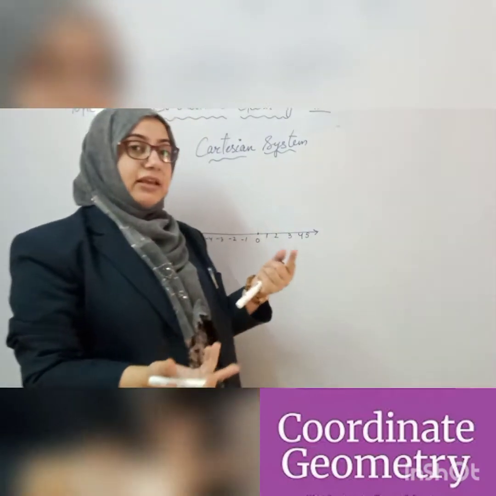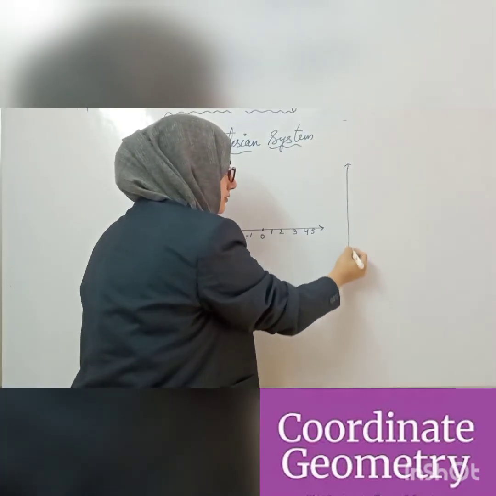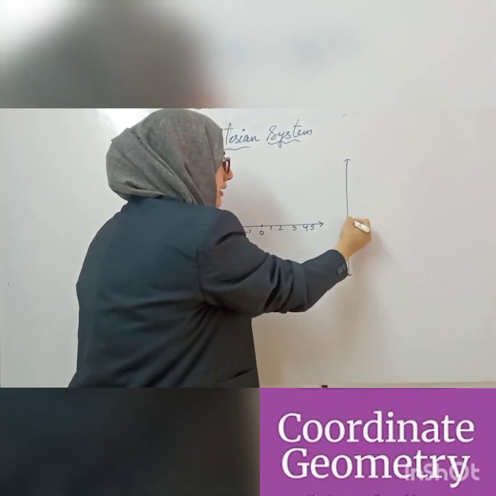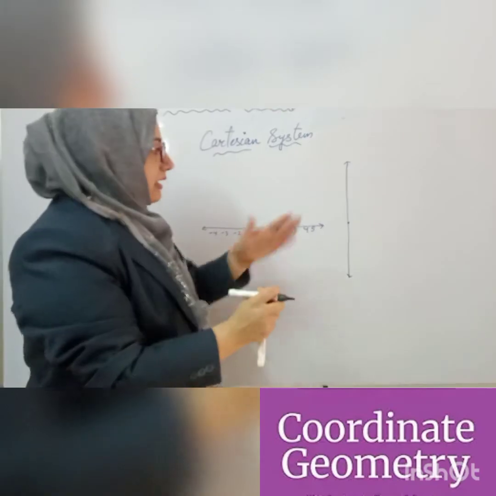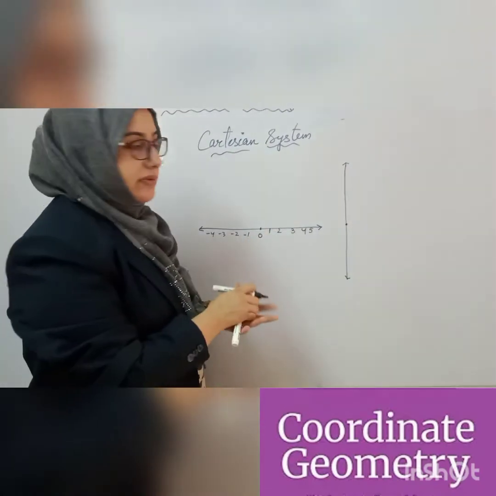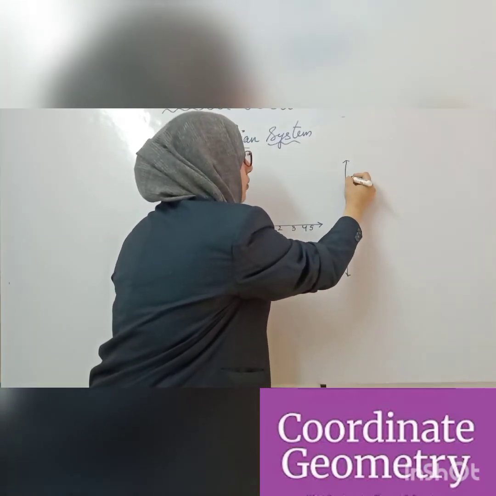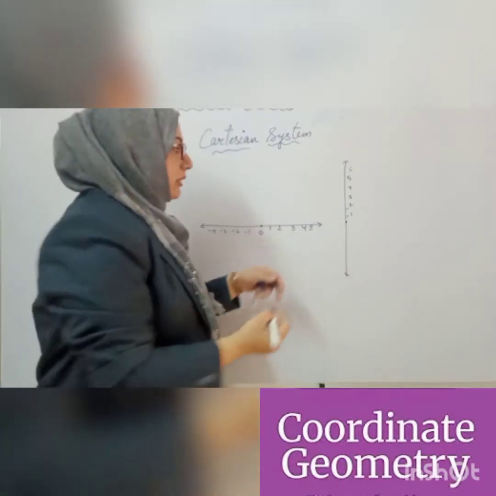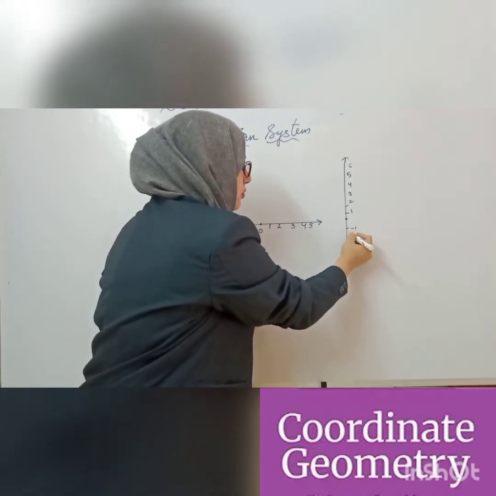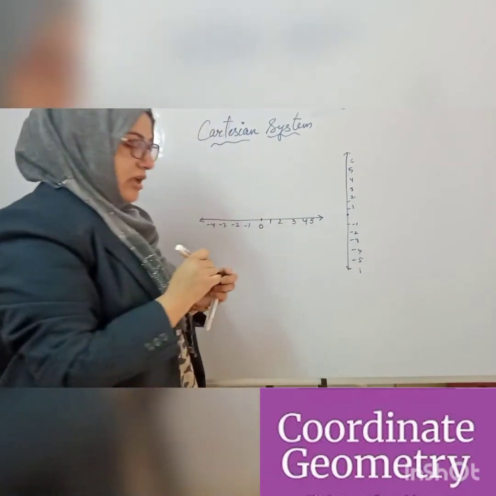Similarly, if I take another line, but that is vertical, but it's a number line. You know, in the vertical number line, upside is always positive. So 1, 2, 3, 4, 5 and 6. Below is minus. Minus 1, minus 2, minus 3, minus 4, minus 5 and so on.